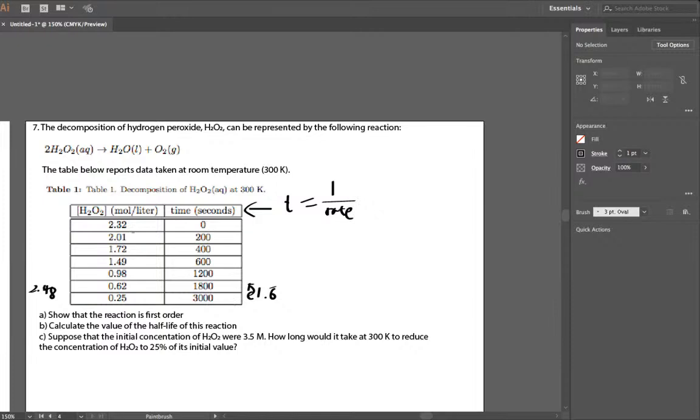What about this one and this one? This one might be able to solve this. I don't think so. I'm not sure that the reaction is first order, but unfortunately, I don't think it's first order. Oh wait.